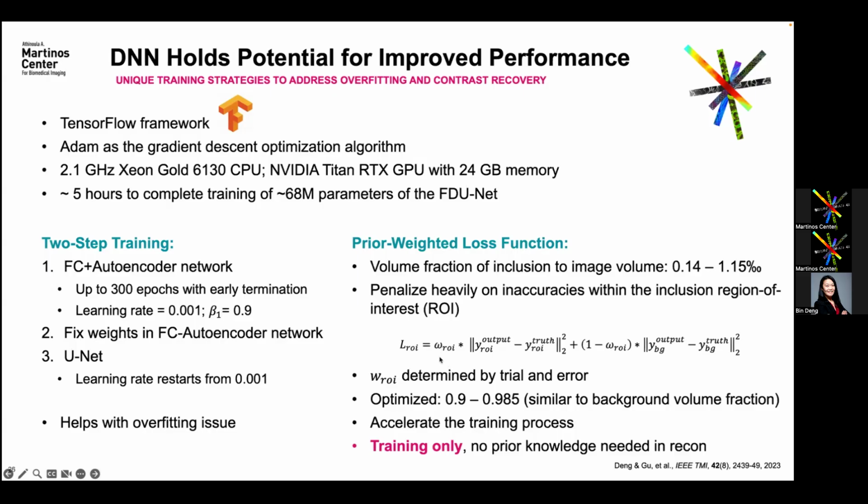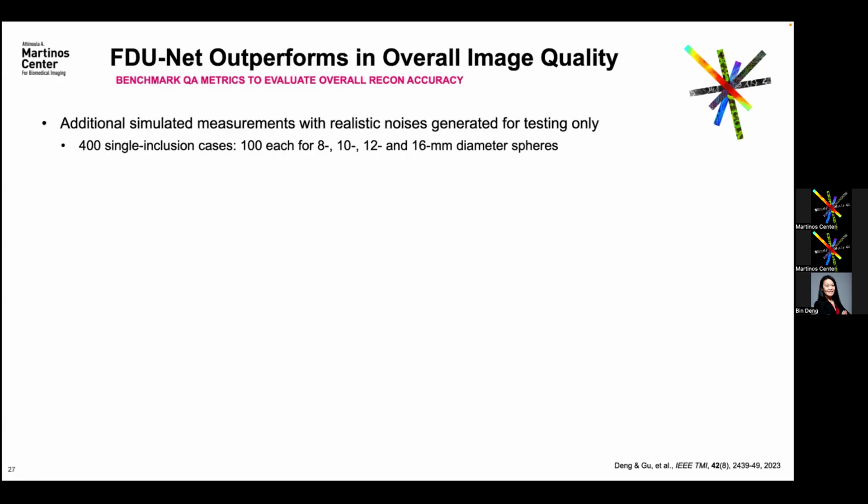So the weight factor turns out to be close to the volume fraction of the inclusion compared to the background. And this prior weighted loss function is only needed during training. Once it's trained, we don't need this information for image reconstruction, meaning we don't need prior for optical reconstruction to use this network.